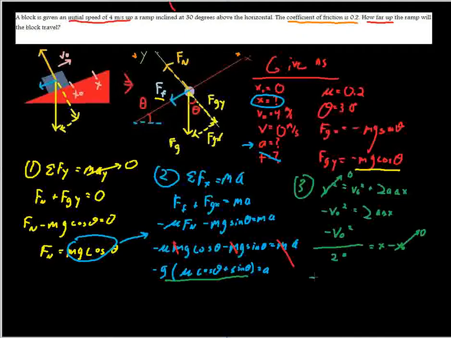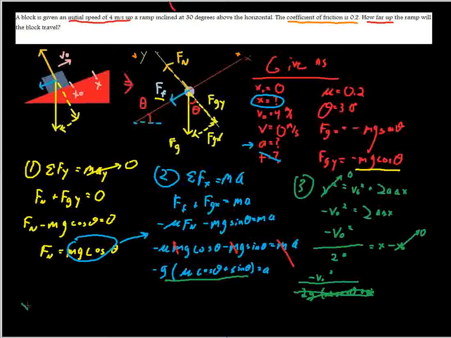And for a, I go ahead and I plug in this whole mess over here. So that's actually the opposite of 2g mu cosine theta plus sine theta. And this is actually not writing very well today, so I'm going to try it again down here.